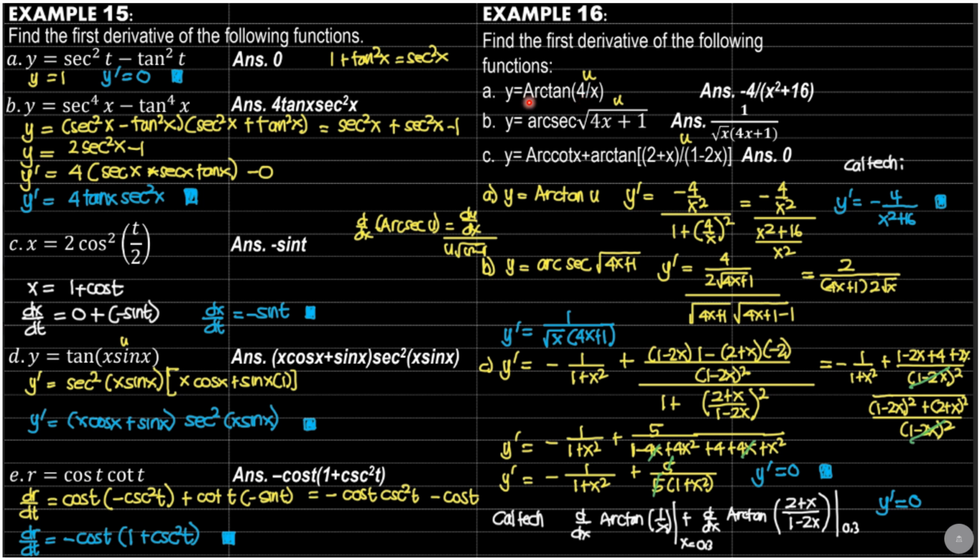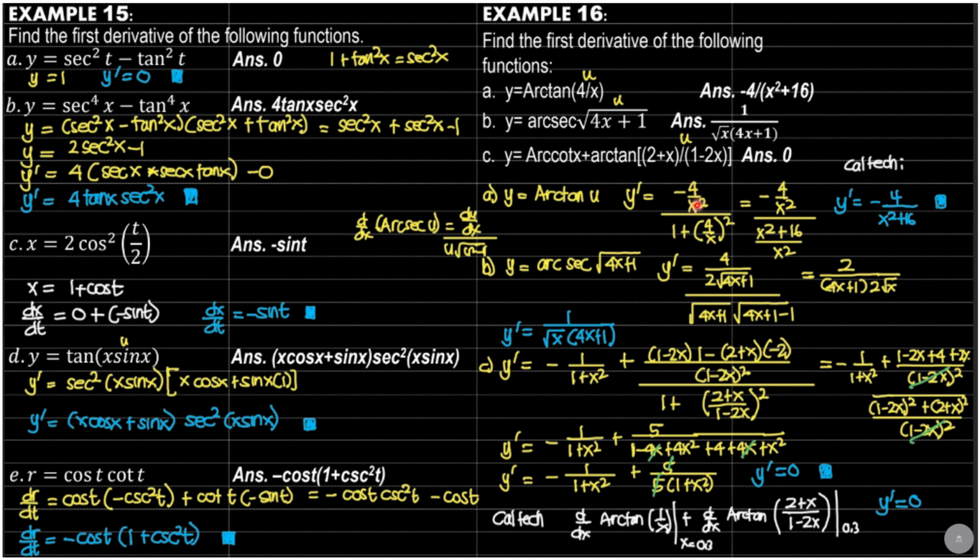So the guide is derivative of arctan of u is du dx over 1 plus u squared. So y equals arctan of 4 over x. So y prime is du dx. The derivative of constant over x is, remember, negative constant over variable squared.